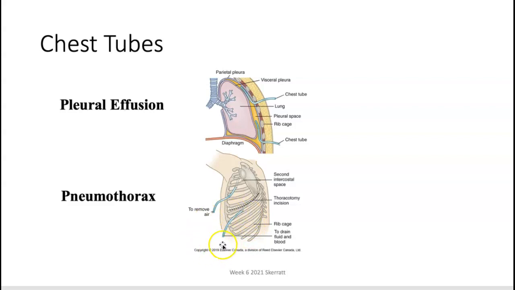They're just showing the different areas. Typically, as air can rise, the pneumothorax tube is a little bit higher, whereas the pleural drainage would be a little bit lower because fluid will drop to the bottom of the lung. So it's just showing the different insertion sites.